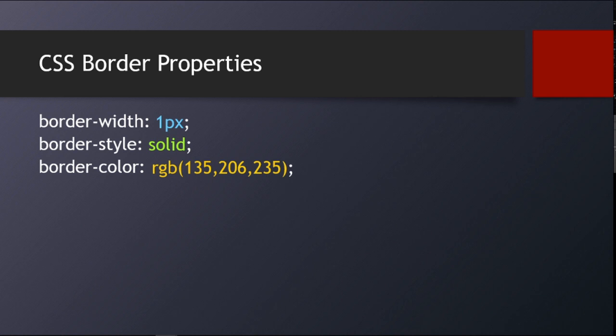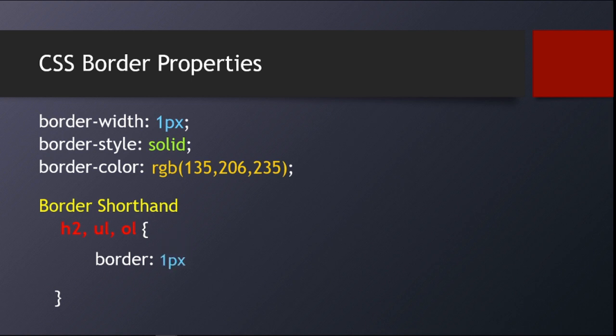And yes, it is a good thing that there is a shorthand for these border properties too. You just have to put the border on any element you like to modify the border, and then just put the values right after the other with only one space in between them, just like the width, the border style, which you have to take note to be a required value when using this shorthand, and of course color.